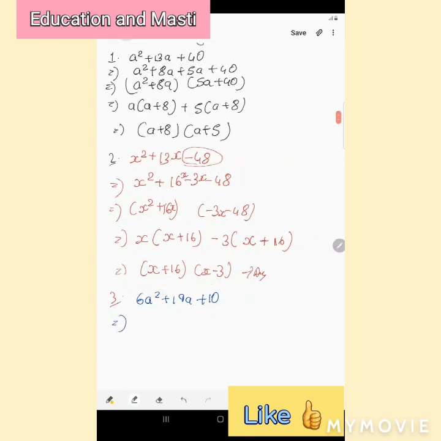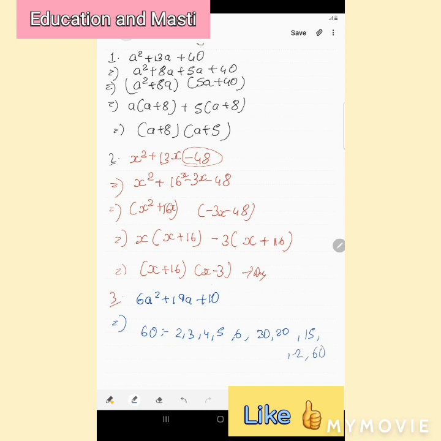Here, what is 6 into 10? It is 60. Forget this a square for a moment and do this. What are the factors of 60? 2, 3, 4, 5, 6, 10, 12, 15, 20, 30, and 60 itself.